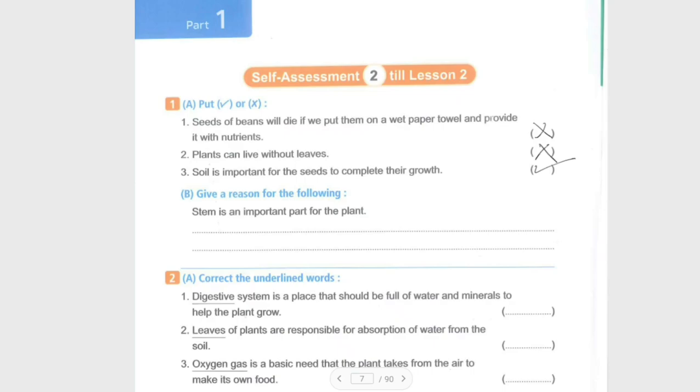Number B, give reason for the following. Stem is an important part for the plant. Why?